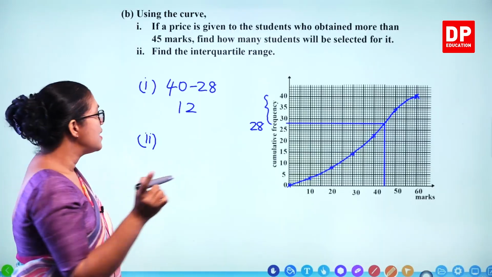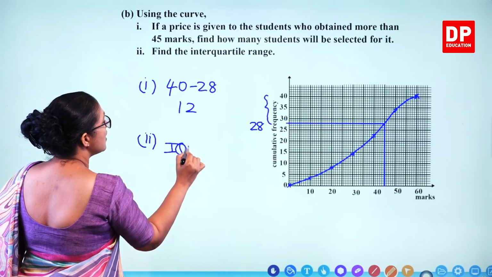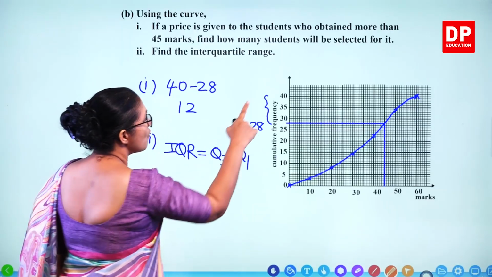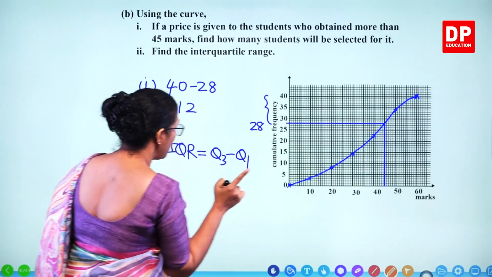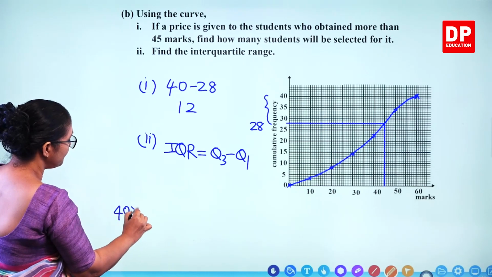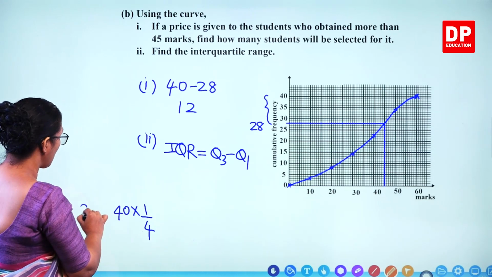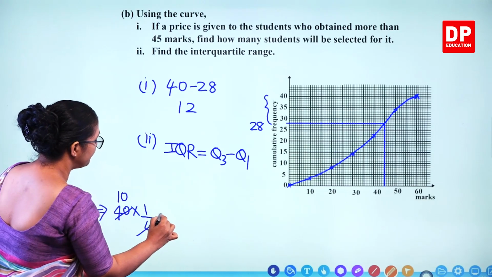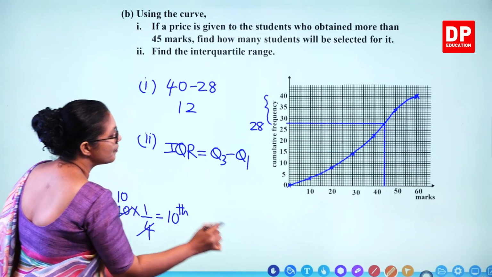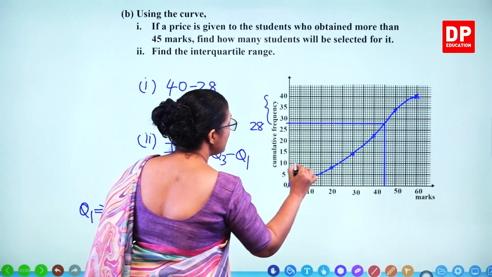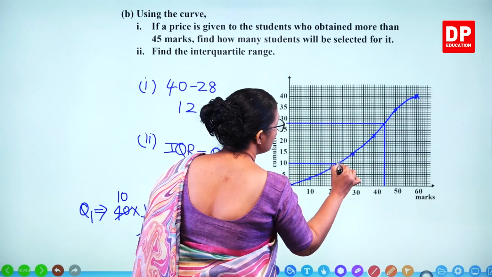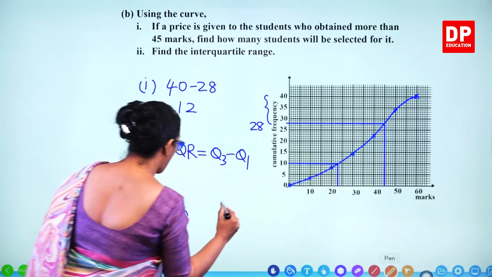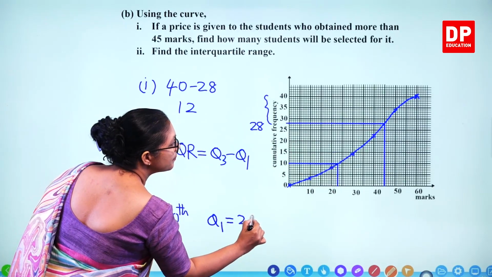Interquartile range means the difference between the third quartile and the first quartile. 40 is there, 1/4 of 40 is the first quartile. That means the 10th one. You draw a line along 10 and refer to the value. So that's this, 23. So Q1 is 23.